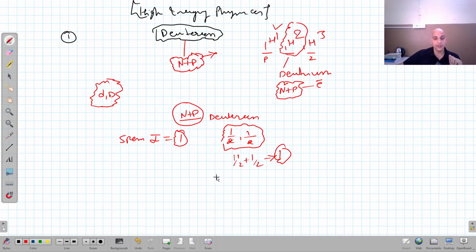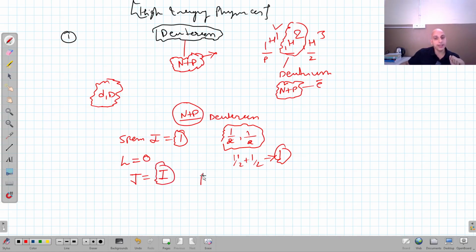If I talk about the orbital angular momentum L, it is found to be equal to 0, and the total angular momentum, or total spin, of this state is obviously equal to 1, because it is equal to spin angular momentum plus orbital angular momentum.